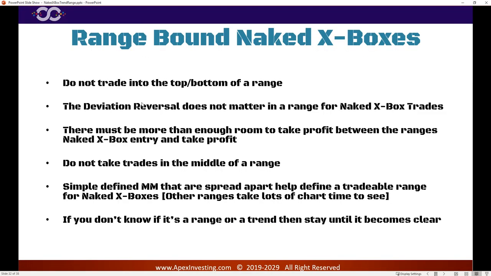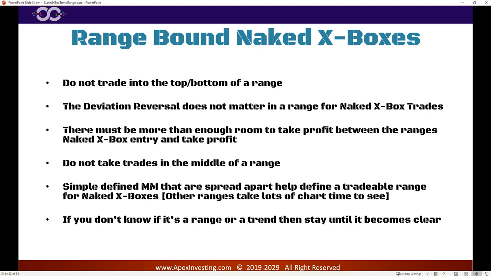Okay, so we talked about trading in the trend. Now we're going to talk about range bound trading, trading the naked X boxes in a range bound market. First of all, do not trade into the top or bottom of a range. Okay?